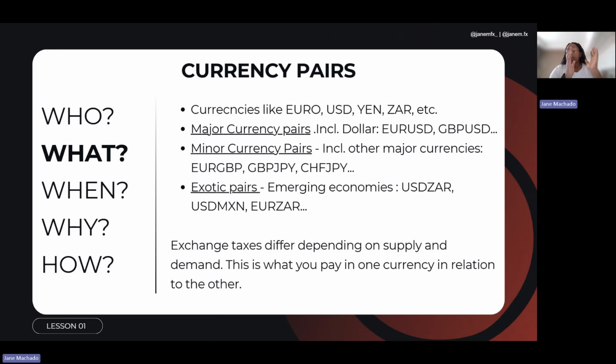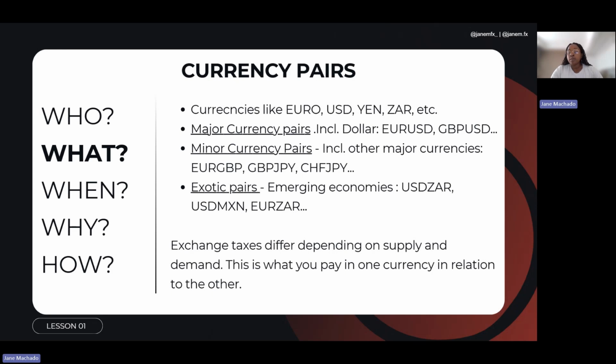Okay? For example, let me give you a very simple example that you can relate to. Let's say you are in Mozambique and you have meticais. When you go to an exchange corner or counter, what do you do? You go there and you want to buy dollars, obviously, because dollars are accepted everywhere, right?